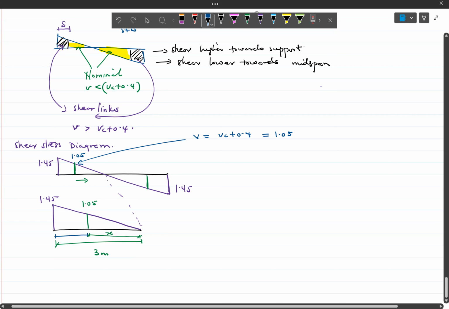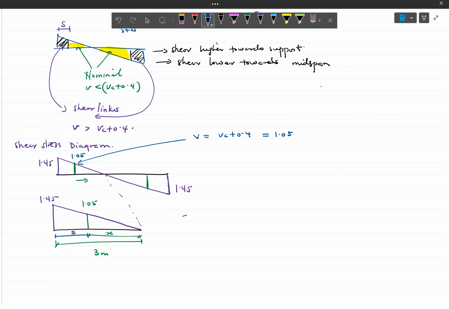From here to here will be the s. Using similar triangles, 3 over 1.45 will be equal to x over 1.05.